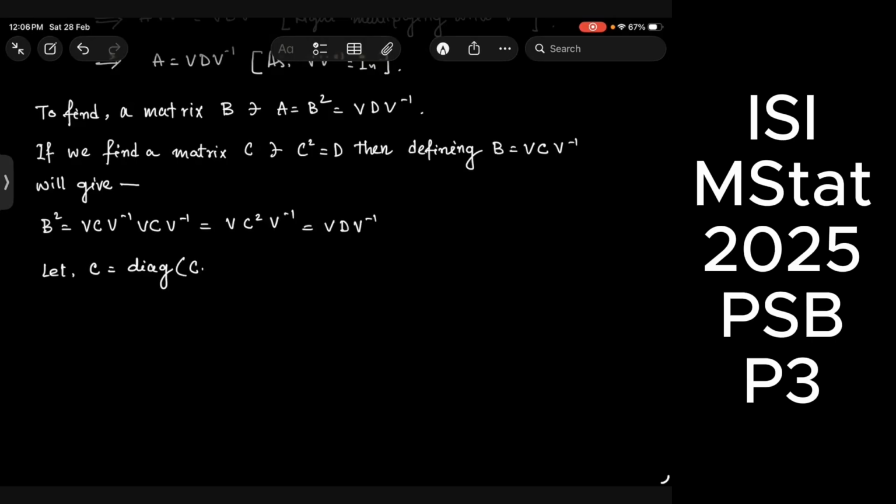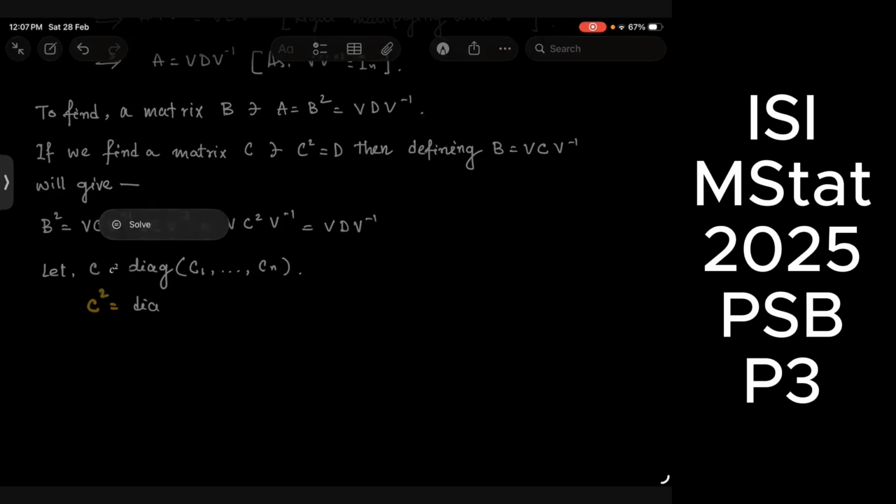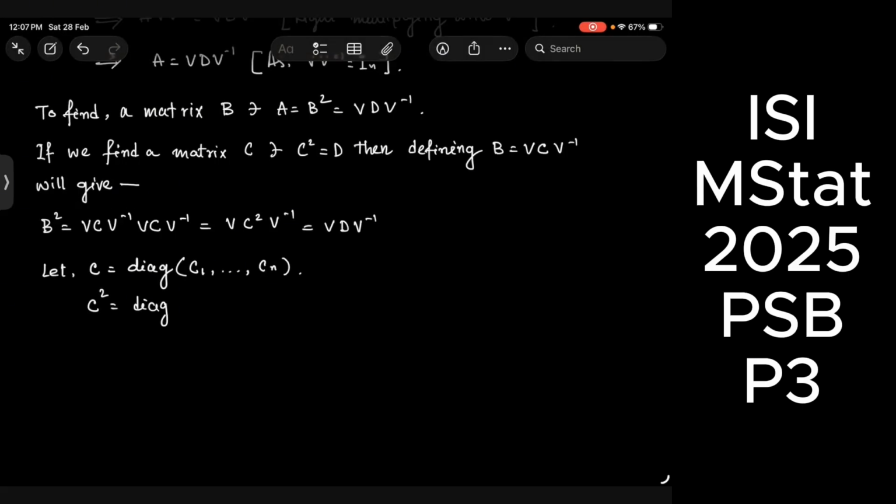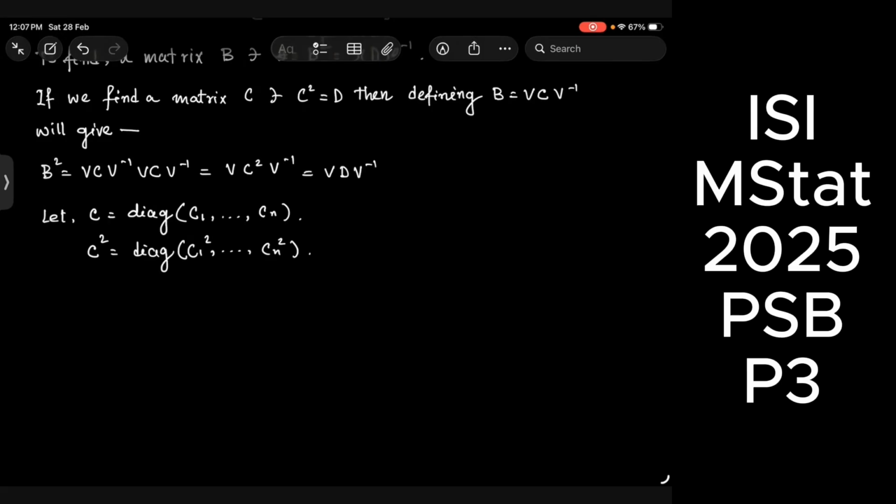So C1 up to Cn. What will be C square? It will be diagonal C1 square up to Cn square, and it will actually be diagonal lambda 1 up to lambda n.